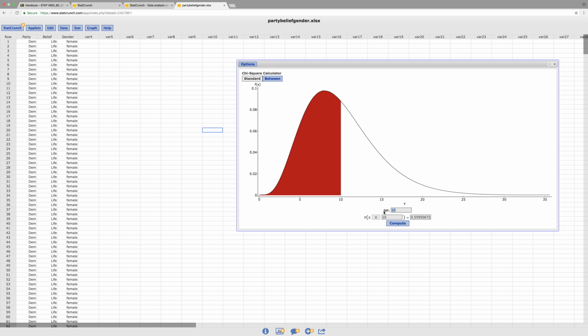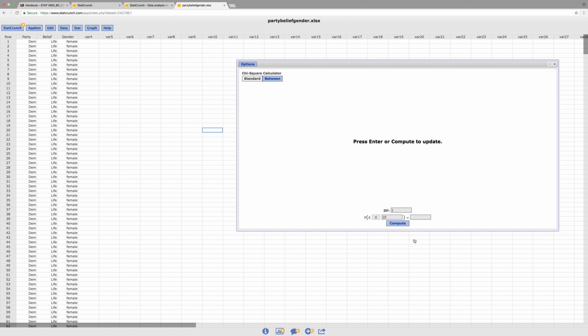All right, degrees of freedom 1. And we want the area above a particular value to be 0.05.